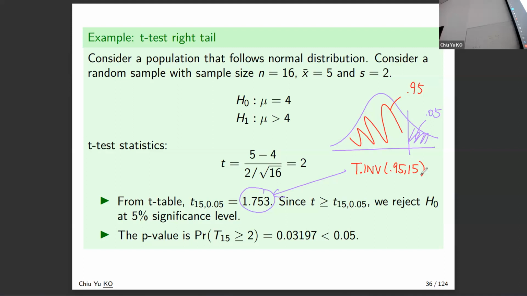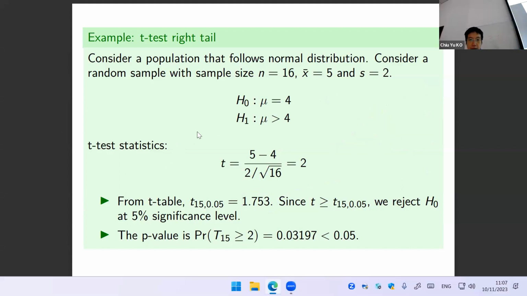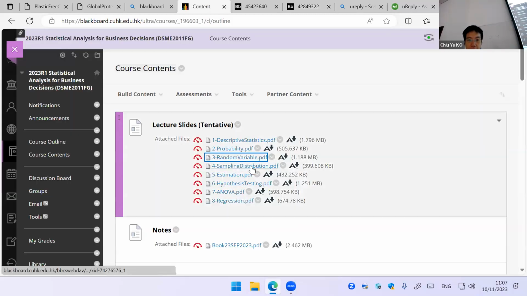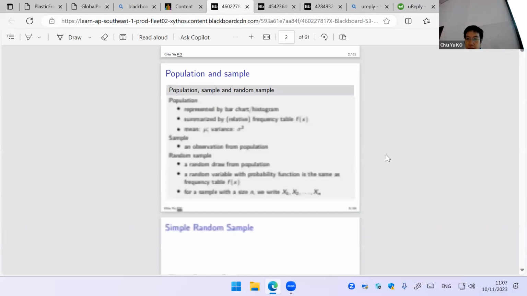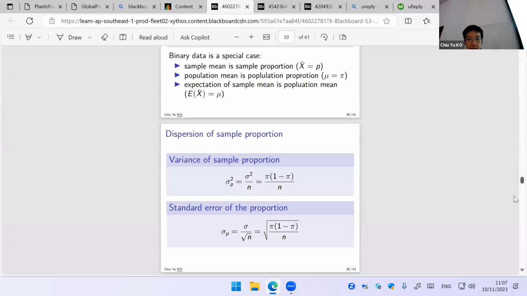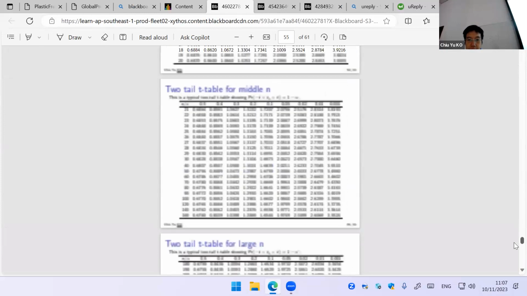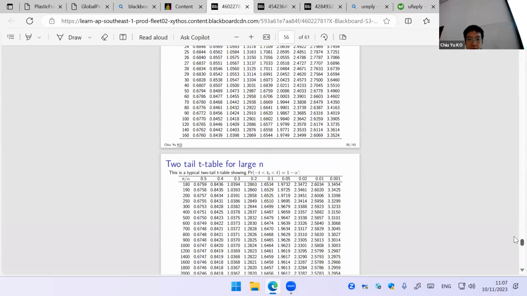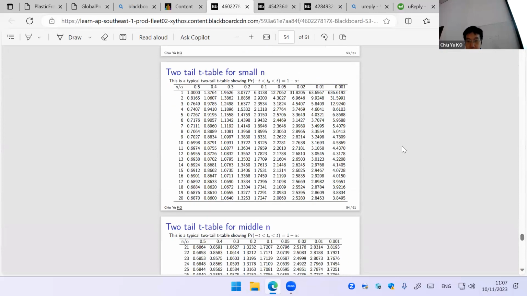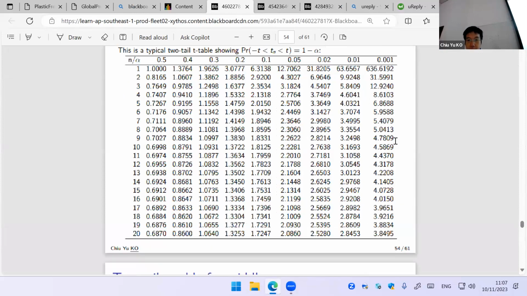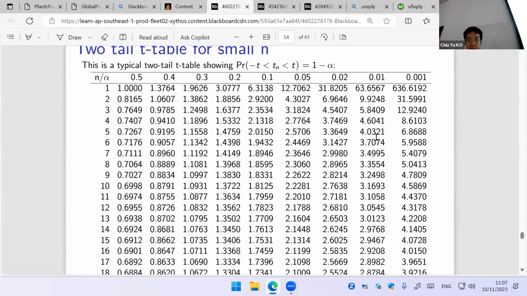Okay, and just go back to the T table I gave you. It's a two-tail table. Remember when I gave you the two-tail, but it's symmetric.